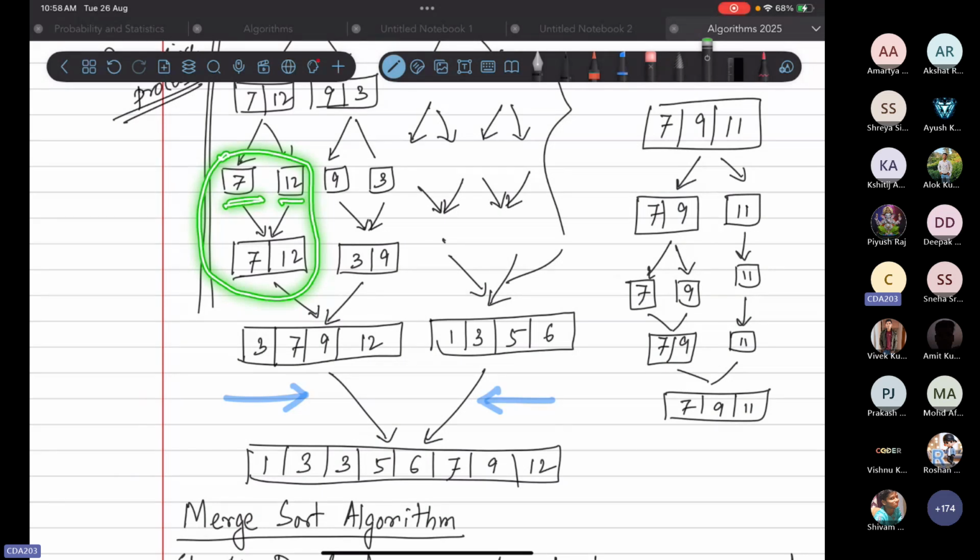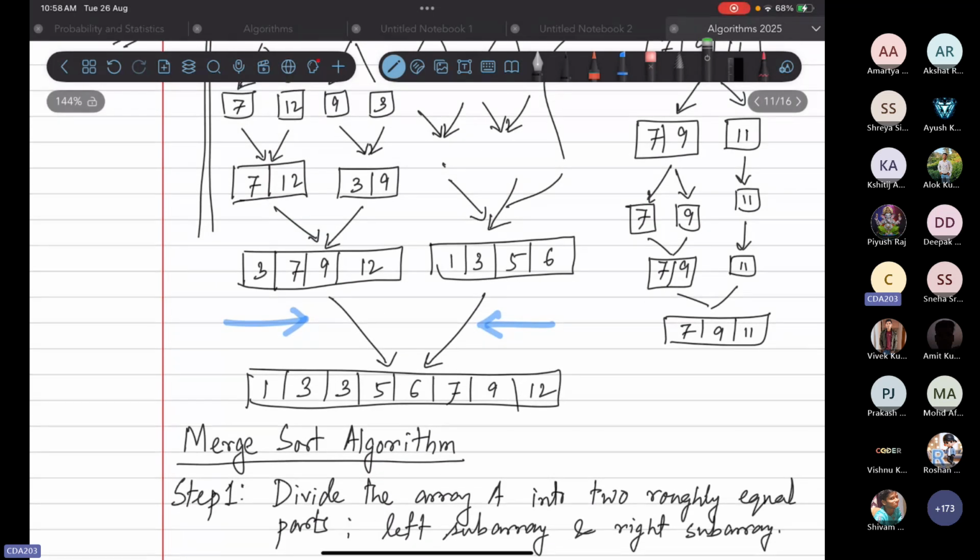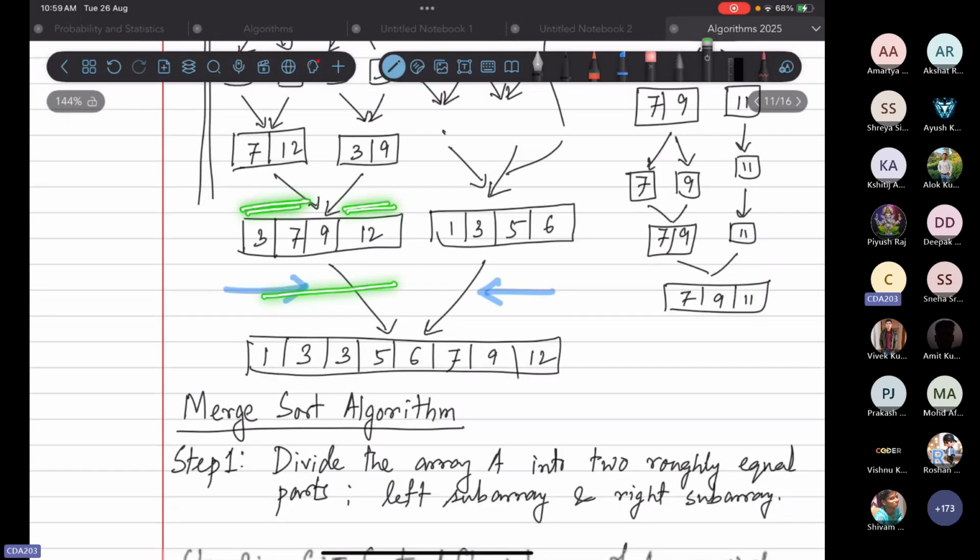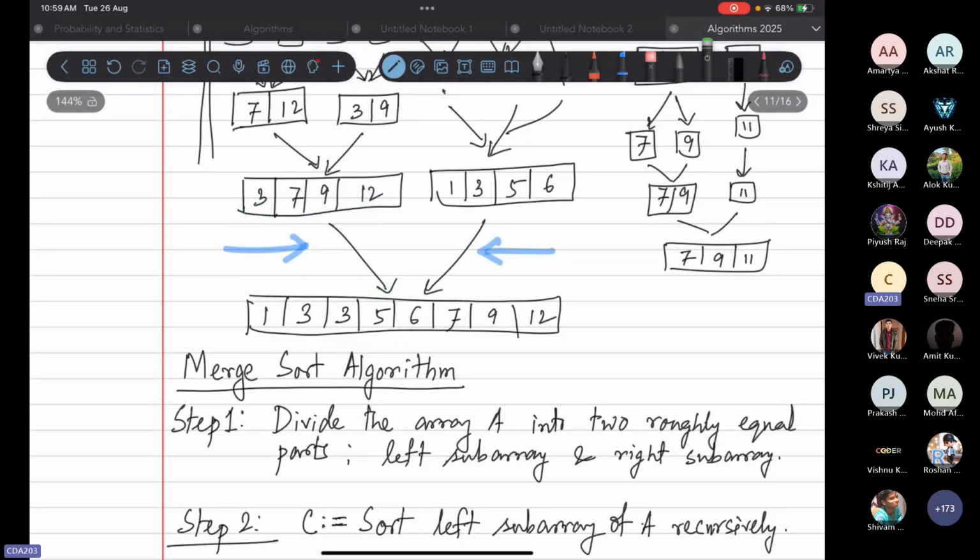This is a size 1, this is a size 1, and this is 2. So this is L by 2, this is L by 2, and this is L. For the same reason, in this merging step, this is L by 2, this is L by 2, this is L. When you are at the last step, this is nothing but n by 2 and n.